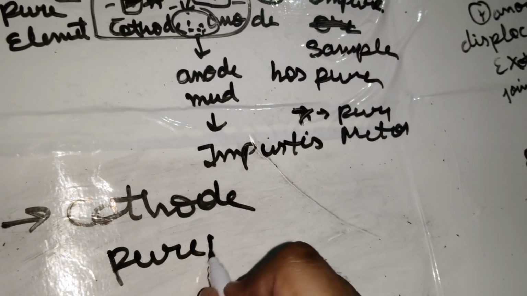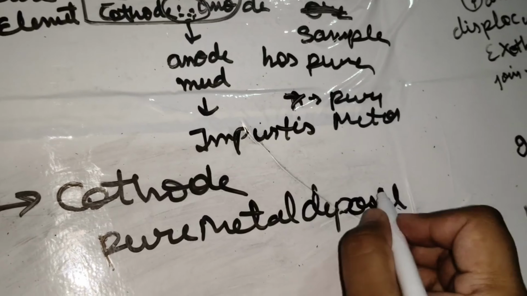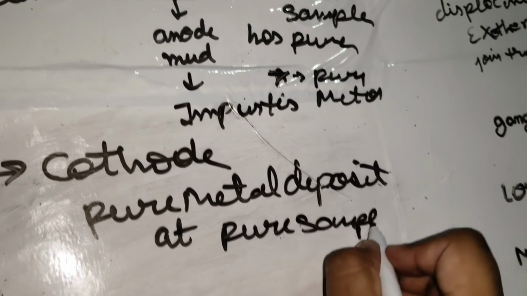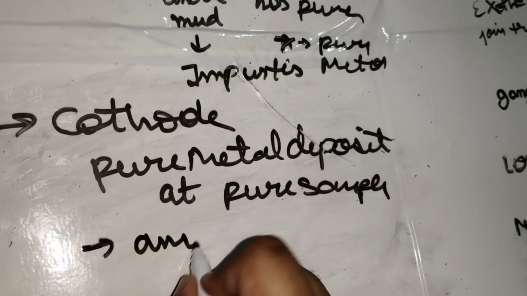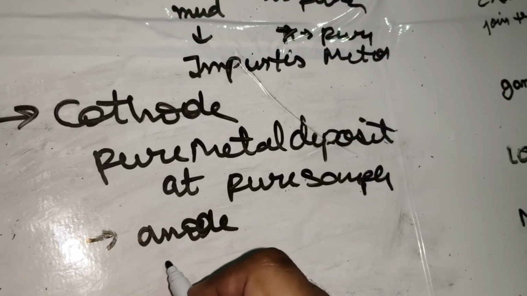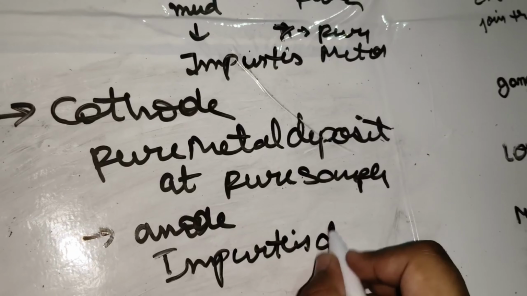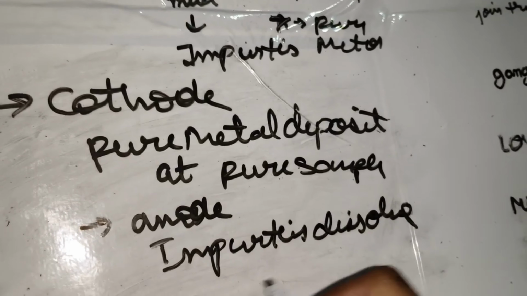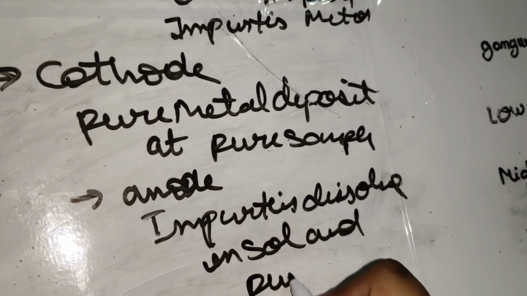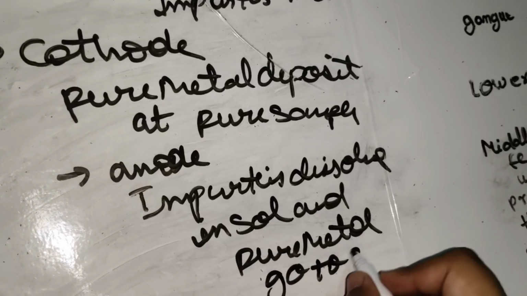Pure metal deposits at the pure sample. At the anode, impurities dissolve in the solution, and pure metal goes to the cathode.